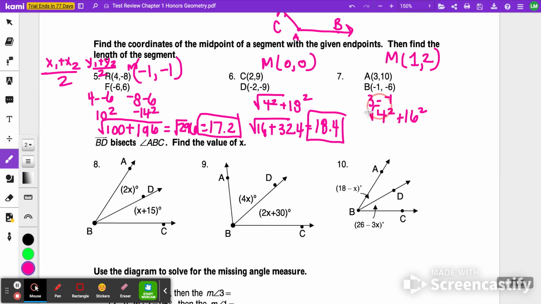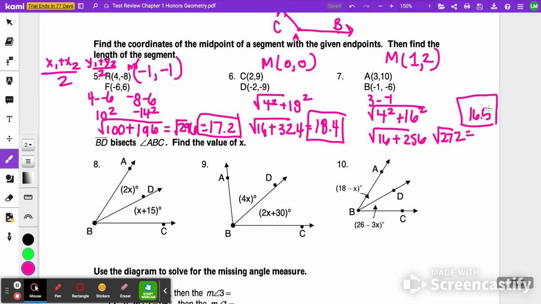So I'm going to have the square root of 4 squared plus 16 squared. That means 16, and then 16 squared, I believe, is 256. Yep. And then add those together, plus 16 gives me 272. So I'm just finding the square root of 272, which is about 16.5 rounded.